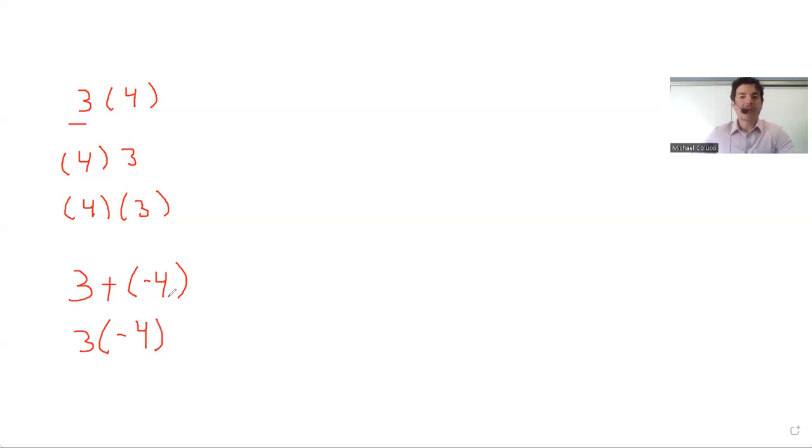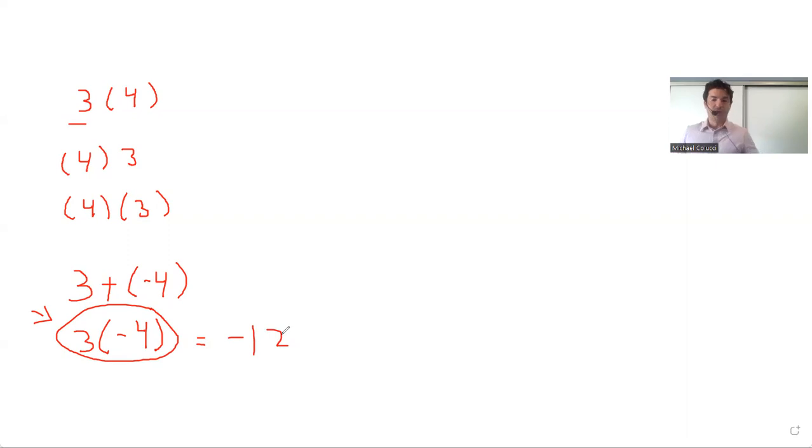Here we have parentheses around the -4, but there's an operator between it and the other number. We have 3 addition -4. This is 3 plus a -4. In this example, there is no operator between the number and the parentheses. This one here is multiplication. It's -12. We don't know the rules of multiplication yet, so you're not expected to know -12. You will in like 2 minutes.